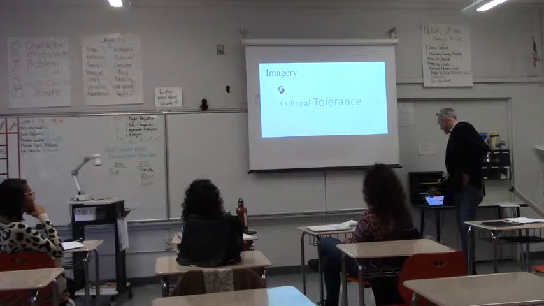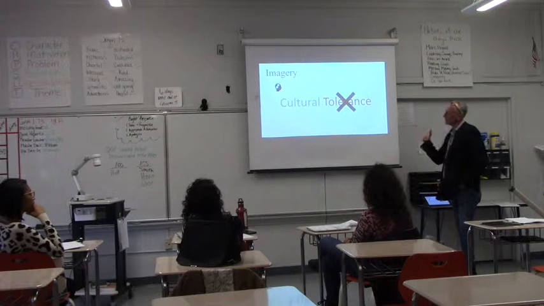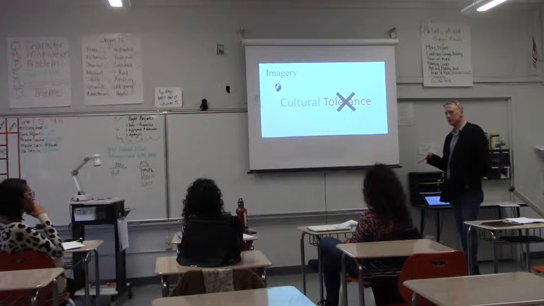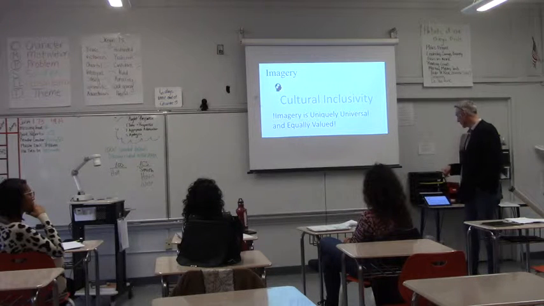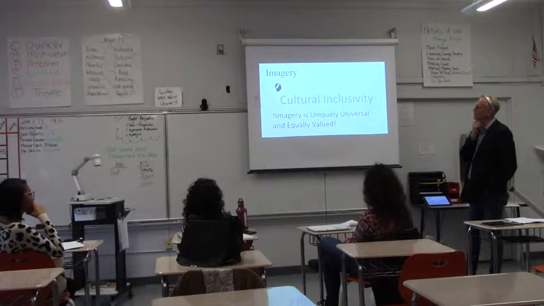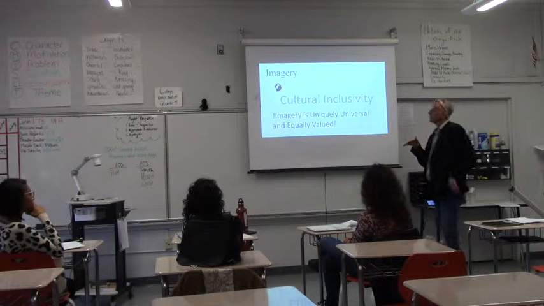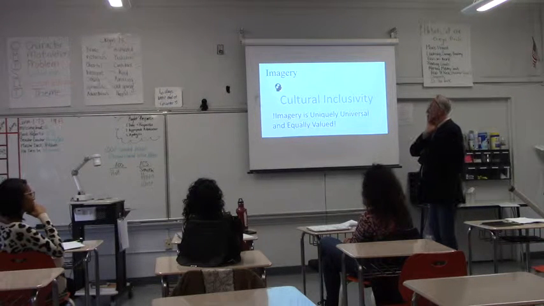So I'm going to ask that as a class, we're going to drop the word tolerance as we move into poetry from other cultures. And I want us to think more about cultural inclusivity. Because I do believe that imagery is uniquely universal and equally valued.